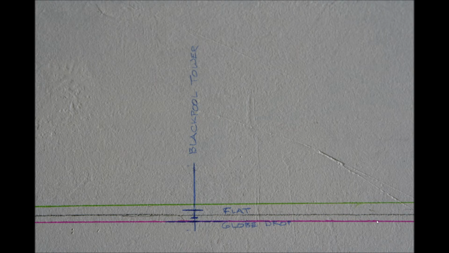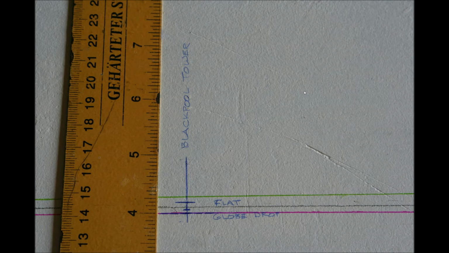Whereas with the pink, with the globe geometry, the pink line represents the same straight line view from Red Screes to my observation point, and it passes pretty nearly through the base of Blackpool Tower. I put the scale back next to the drawing just for reference. Each tick on the scale here is a 1/16 of an inch.